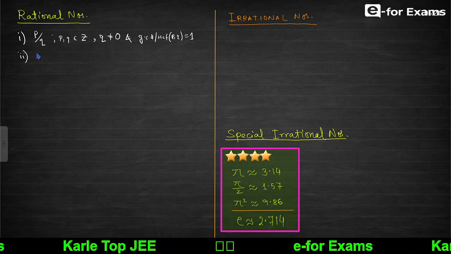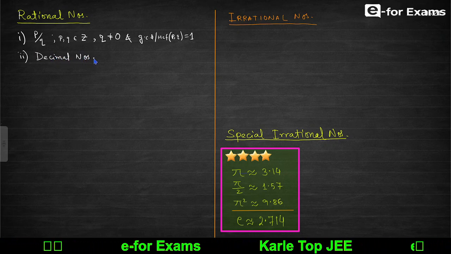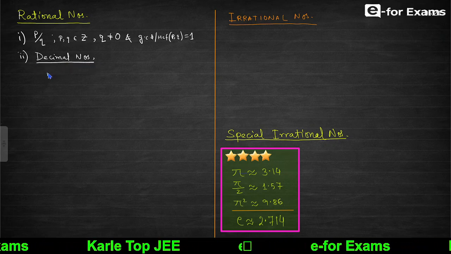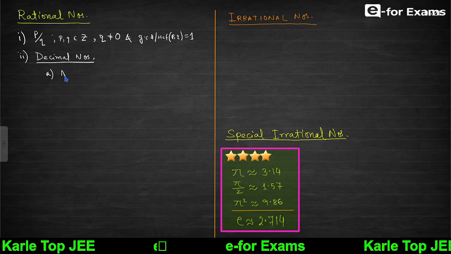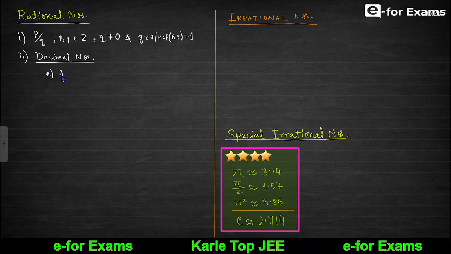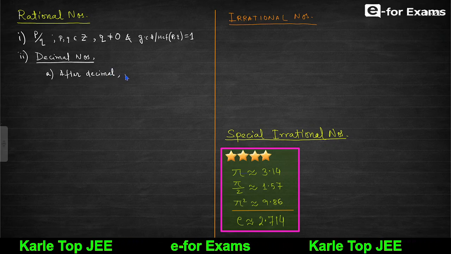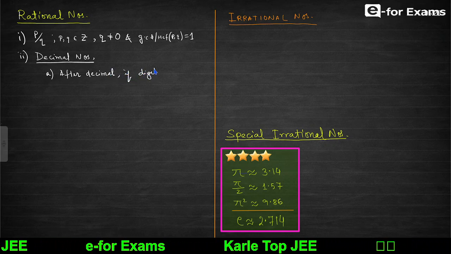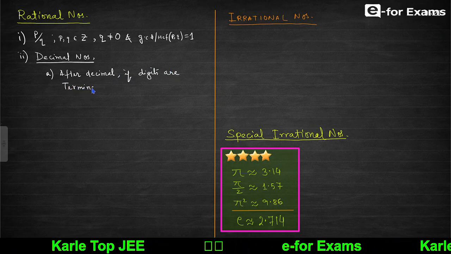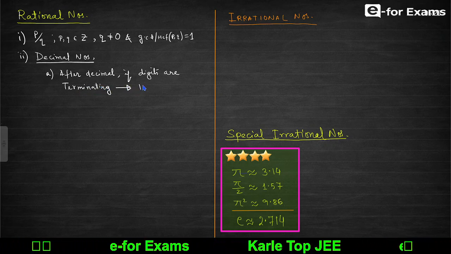But if we consider decimal numbers, rational numbers are defined as follows: if the digits after the decimal are terminating, then we call that number a rational number.